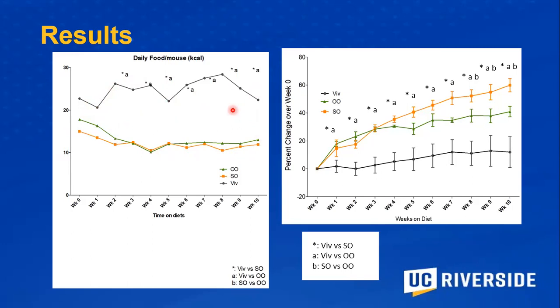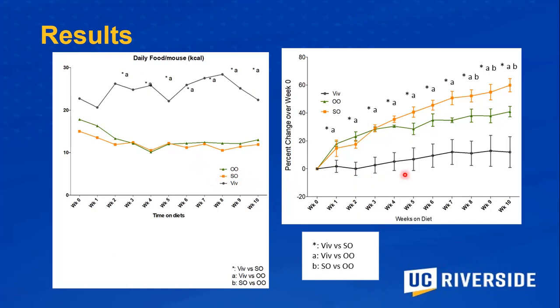There's not much energy in it and not much fat in it, so mice will need to eat more to compensate for that lack of energy. These asterisks and notations show that the results I got for the vivarium diet are significantly different from the numbers I got for the others. So there is definitely a difference in these high fat diets versus the vivarium diet in the amount of food that they ate.